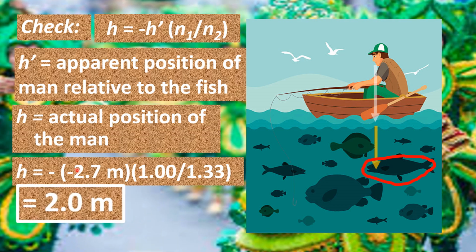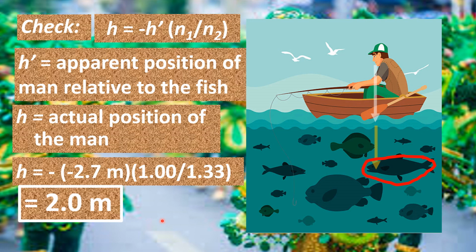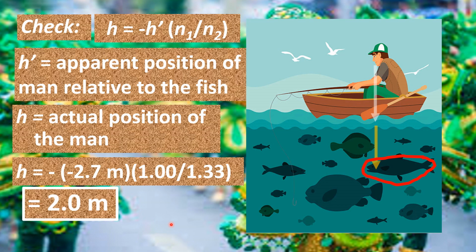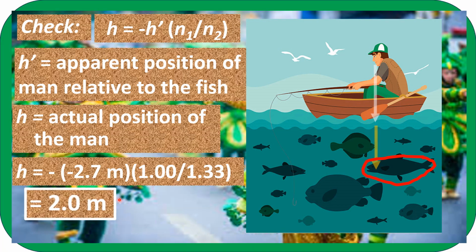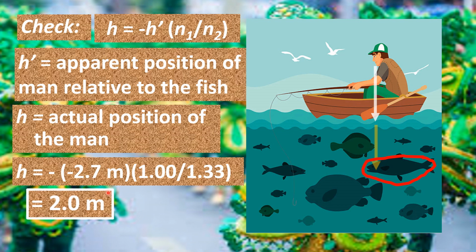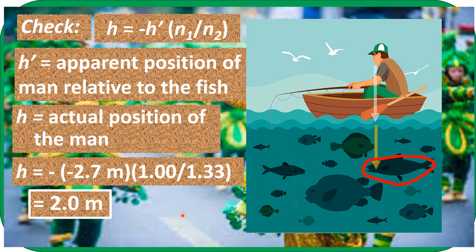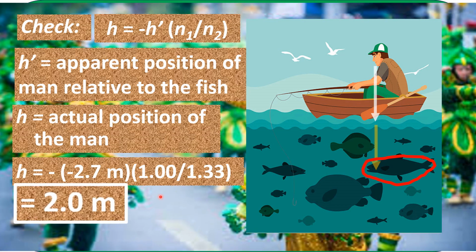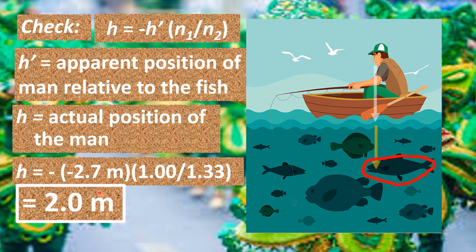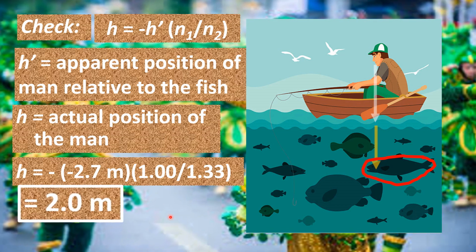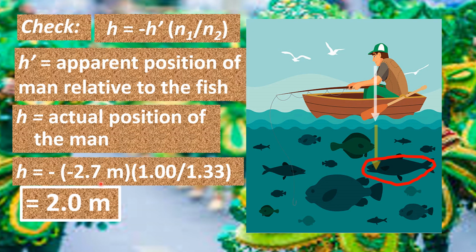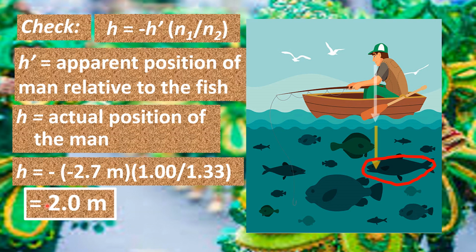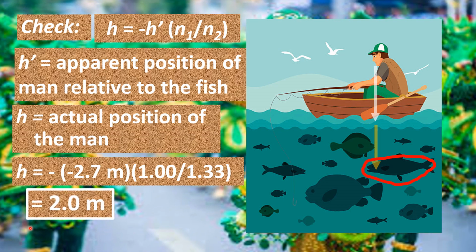But this time, this value is actually the actual position of the man relative to the fish. The fish observes the position of the man being equal to 2.7 meters. But the actual position of the man is in fact equal to 2.0 meters.